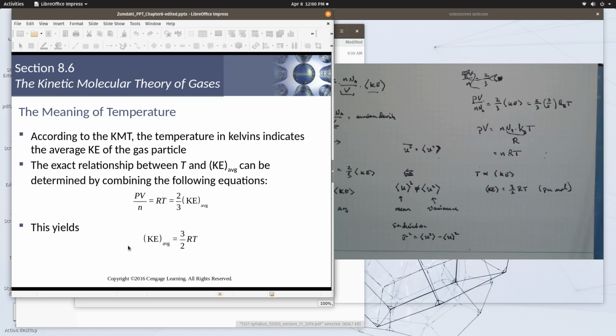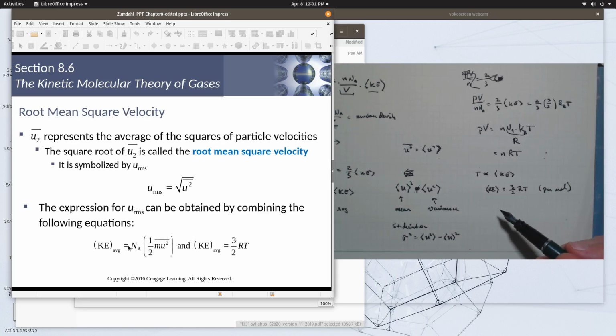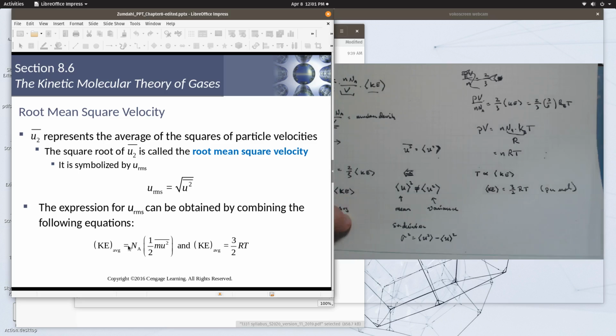So if I know I have 1 mole of gas and I know its temperature, I can calculate directly its average kinetic energy. Again, this is looking at the root mean squared velocity, the RMS velocity.